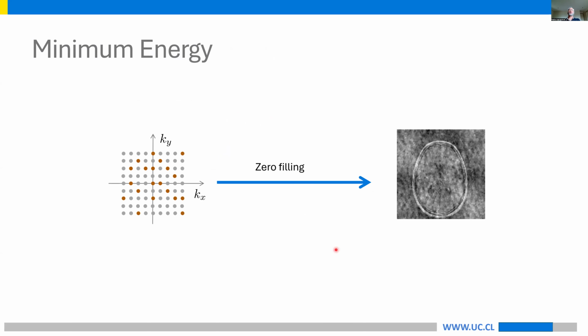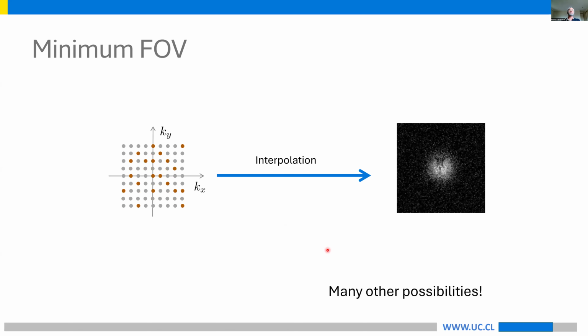Maybe you say, okay, of all those infinite solutions, let's find the one that has the minimum field of view. You do that by interpolating. So all the missing samples are filled with the interpolation between the known samples. And if you do that, you get an image which has the minimum field of view. And there are many other possibilities. None of these so far has been useful.